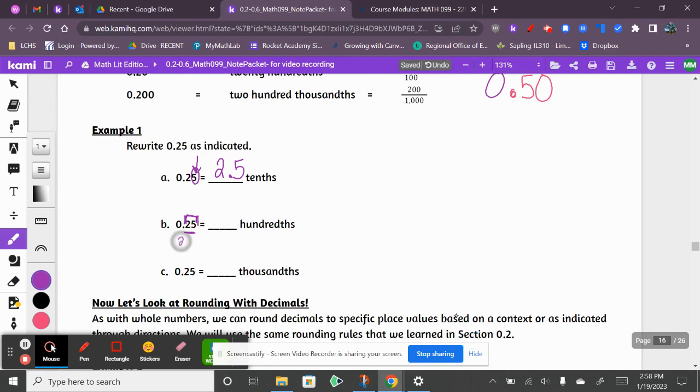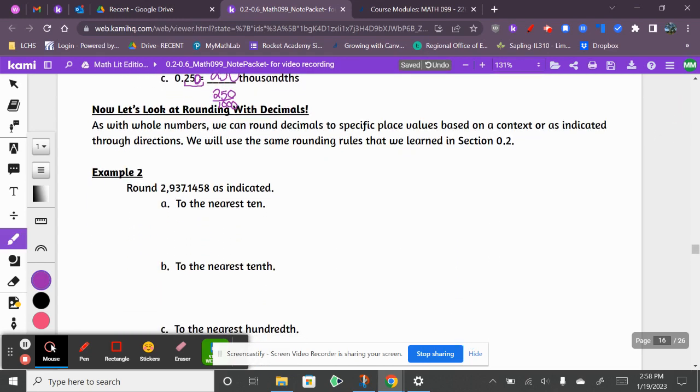So this would be the same as 25 over 100, or 25 hundredths. If we were to think of it in the thousandths place, we would use 3 decimal places. So we could add a 0 here, and this then would be in the thousandths place. So this would be the same as 250 out of 1,000, or 250 thousandths.